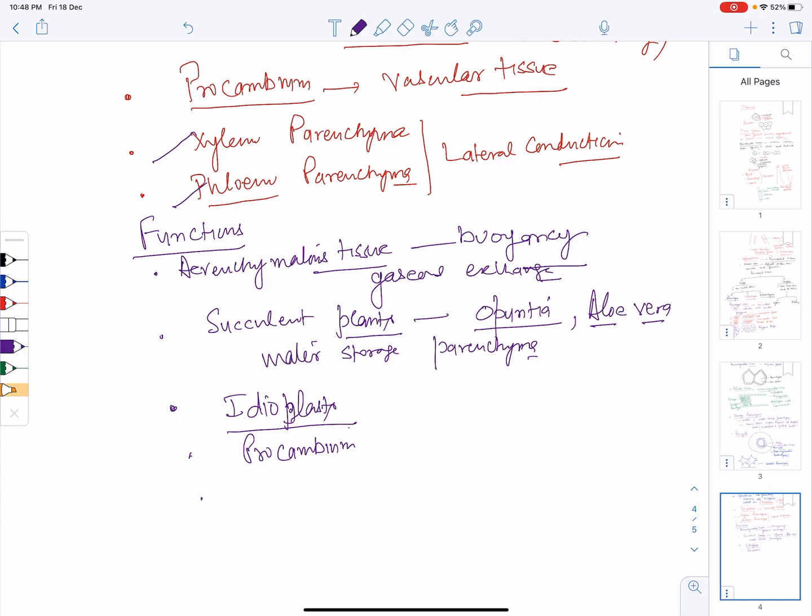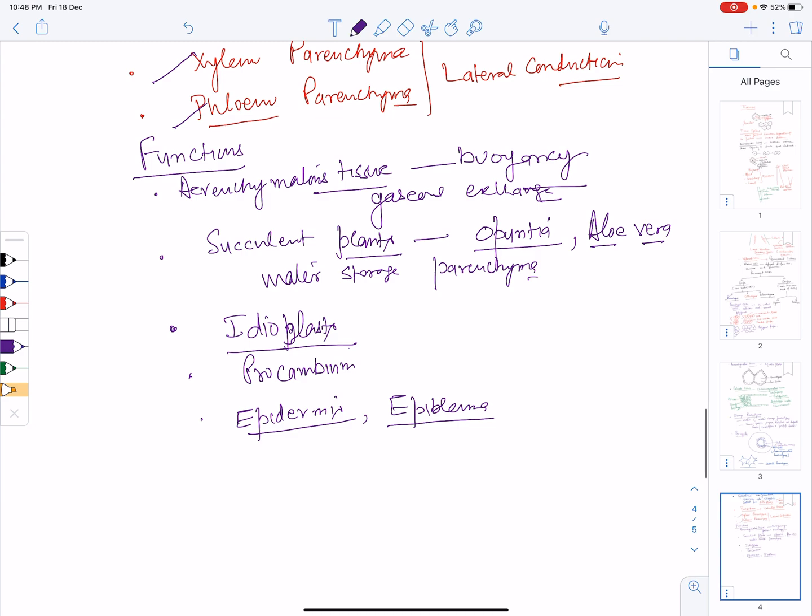Then parenchyma is also helping in formation of the outermost layer of the stem and root, like epidermis in case of stem, epiblema in case of roots. Now, if we see the structure of roots, this is the outermost layer, which is called epiblema.